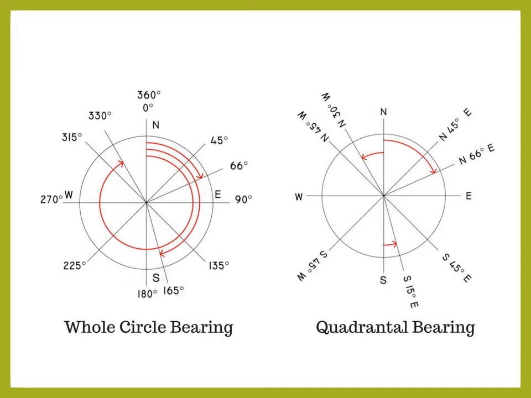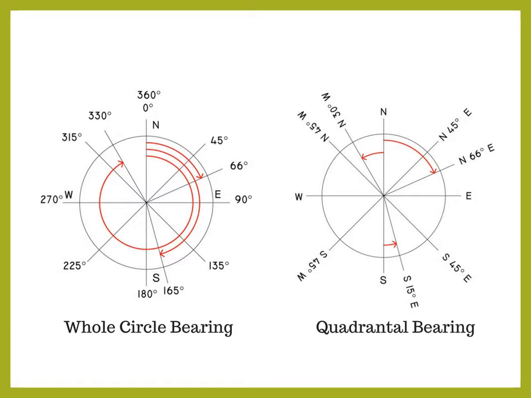Now we can see how to convert the whole circle bearing into quadrantal bearing. The first step is to identify in which quadrant the whole circle bearing is present. For example, in this image let us take the line at 45 degree.